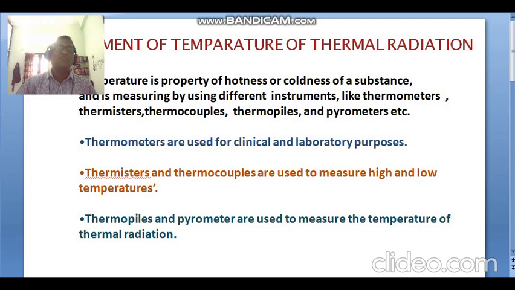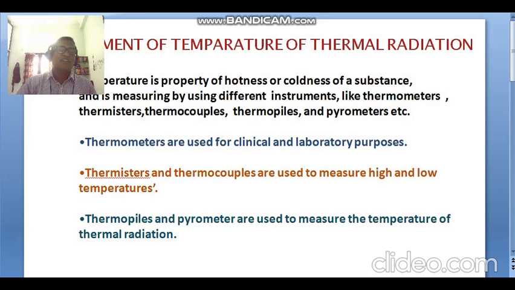Generally, thermometers are used for clinical and laboratory purposes. In hospitals, we measure the hotness of the human body by using thermometers. Therefore, those thermometers are known as clinical thermometers. The range of a clinical thermometer is up to 100 degrees centigrade, or in some thermometers in Fahrenheit.